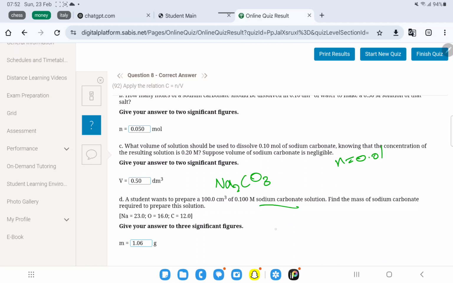Na is 23, two atoms, so 2 times 23, plus C 12, plus 3 times 16 for oxygen. You put all of this in the calculator.